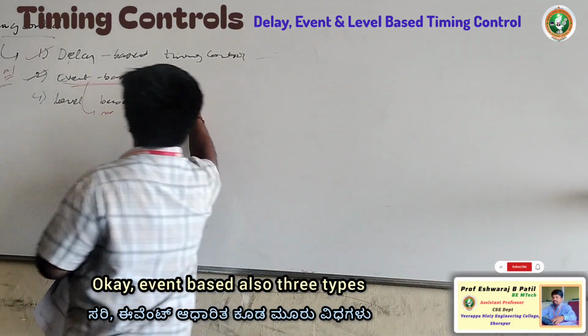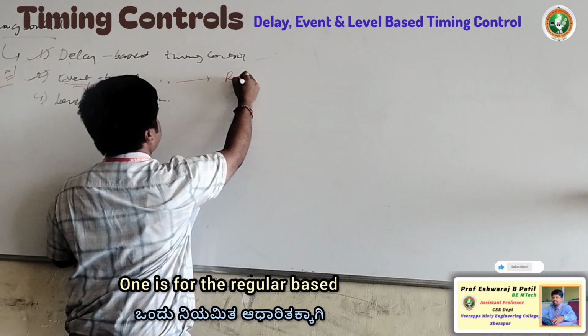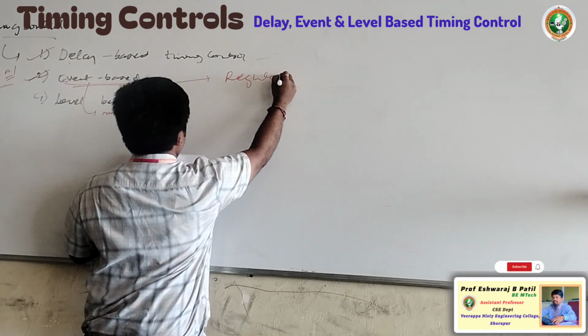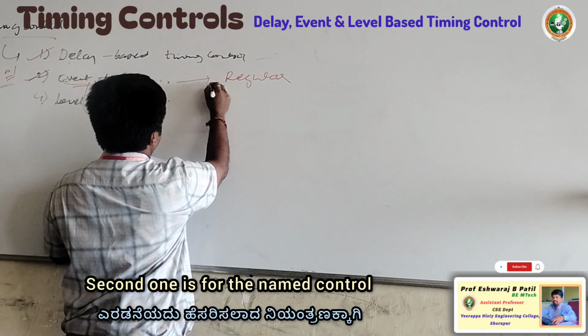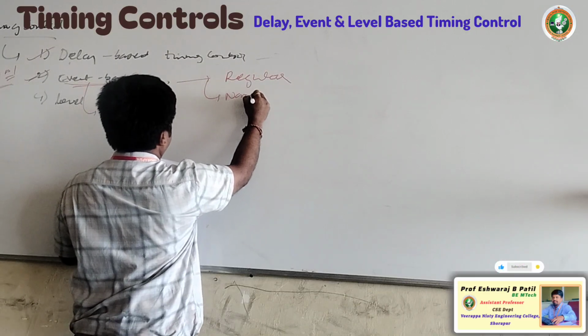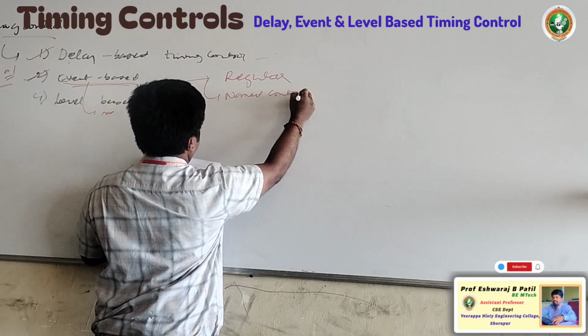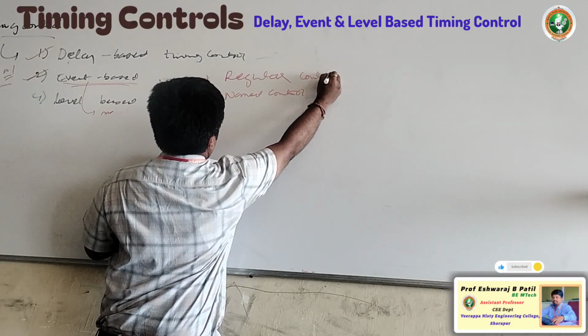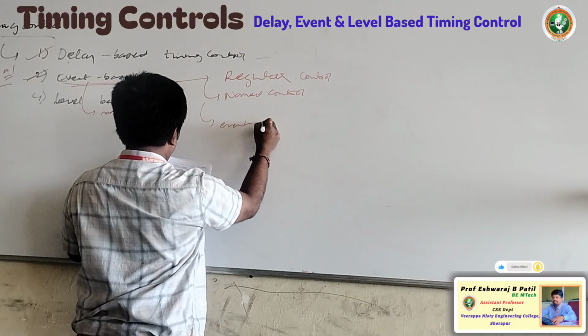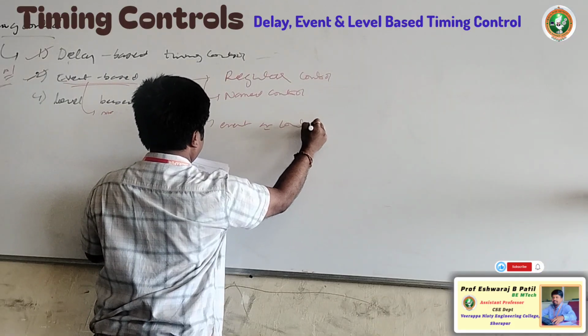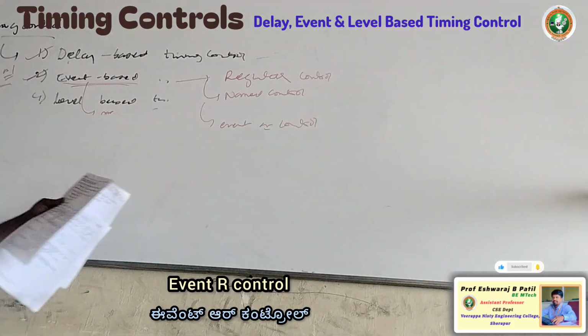Event based control is also of three types: one is the regular event based control, the second one is the named control, and the third one is the event or control.